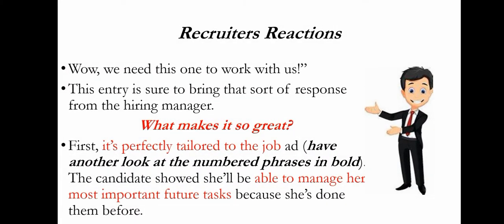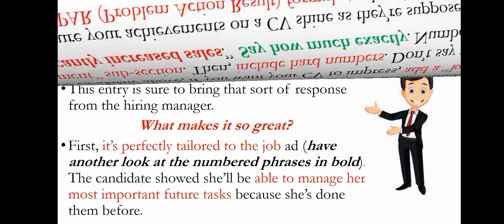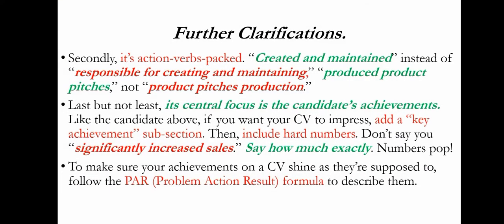You see, what makes it so great with the issue of achievement? Because it's perfectly tailored to the job. The candidate has shown well that she'll be able to manage her most important future tasks because she has done them before. Also, it is action verbs like created, maintained, instead of responsible for creating.